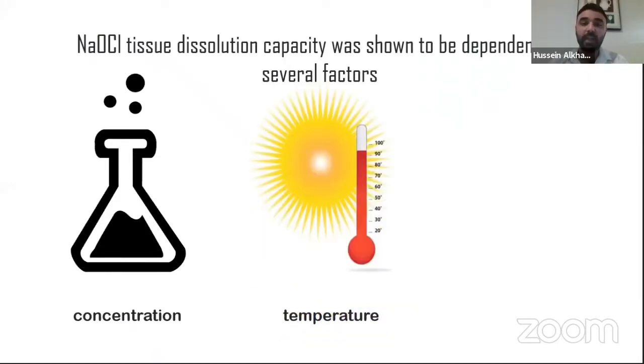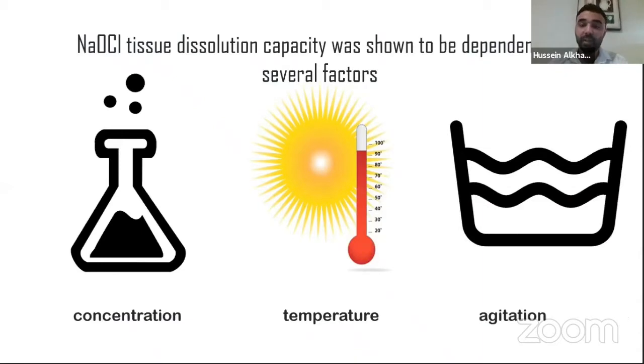Another factor is temperature. Increasing temperature means we are increasing the activity of sodium hypochlorite particles, and this boosts their action. Agitation or activation of sodium hypochlorite increases its activity and penetration within the dentinal tubules, and it increases the dissolution rate of the sodium hypochlorite particles.